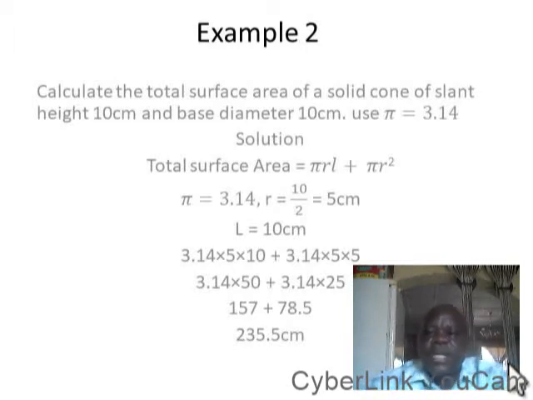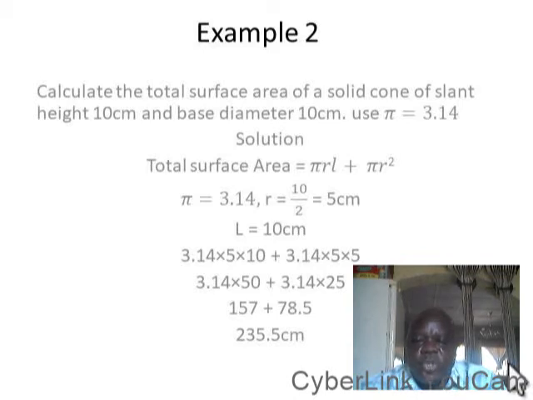Calculate the total surface area of a solid cone of slant height 10 centimeter and base diameter 10 centimeter. Use pi as 3.14. Now the total surface area of a cone is given as pi r l plus pi r squared.